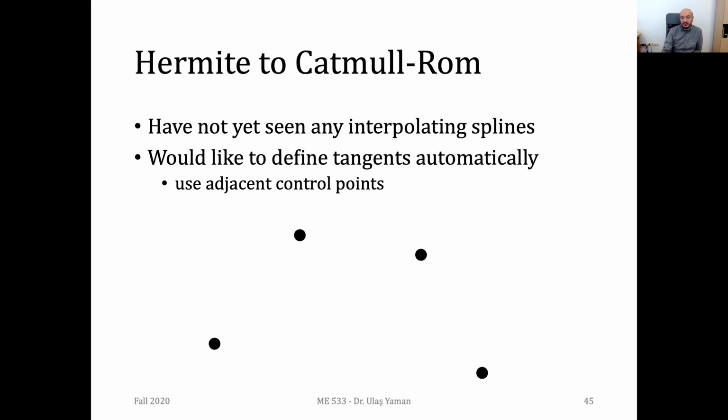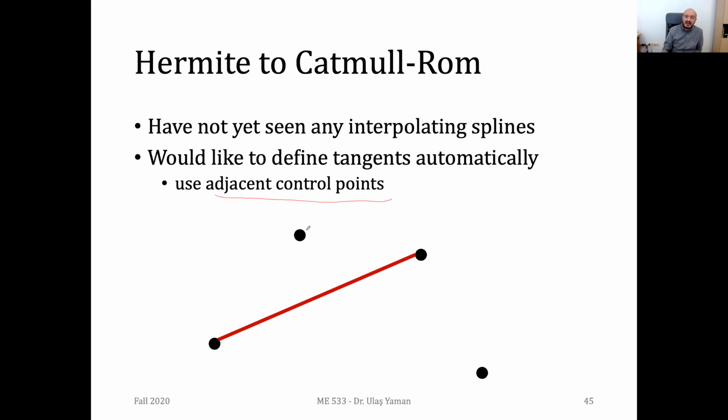So for that purpose, we make use of the adjacent control points. How do we obtain the tangent vector? We make use of the adjacents. This is the left adjacent and the right adjacent control point. We have a line connecting these two.